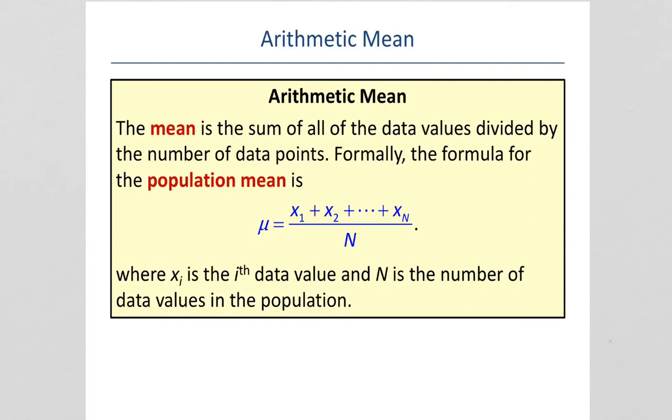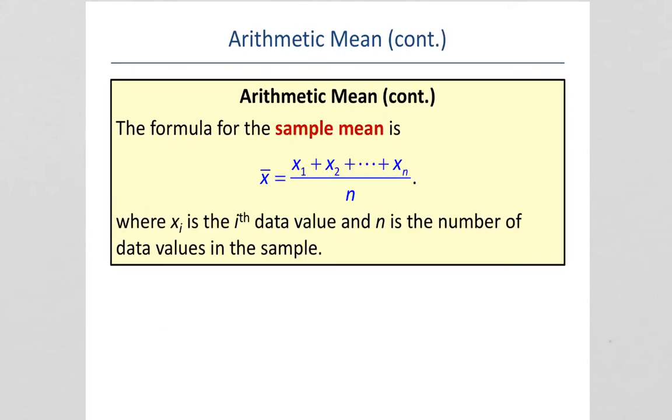If you are just finding the mean for a sample, then you use x bar. That's x with that little bar over it. It's the same thing. You're still finding the mean in the same way in both situations. It's just that there's a different symbol for each, okay?